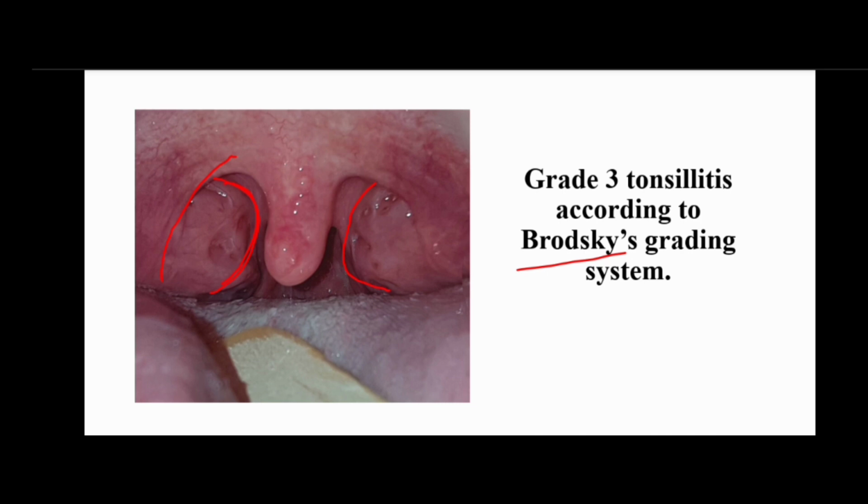If they are touching, it means kissing tonsils or grade 4 tonsil. So it is grade 3 tonsillitis. Here you can see the anterior tonsillar pillar is congested.